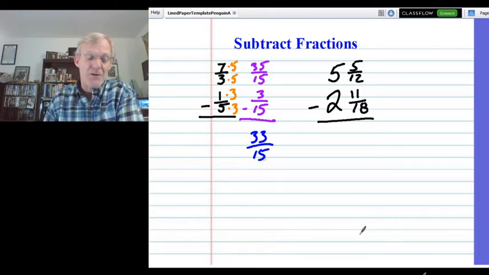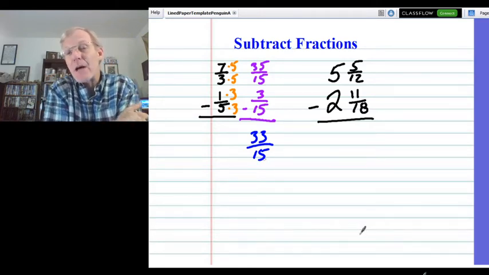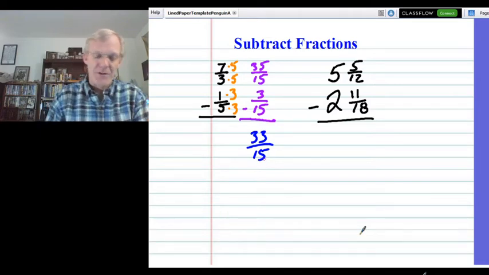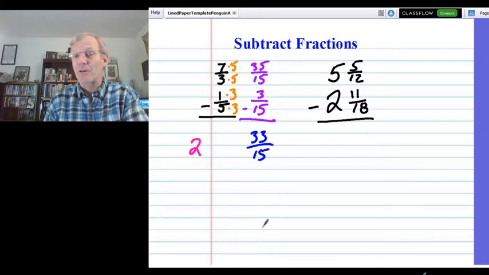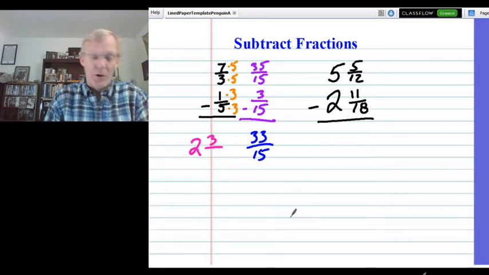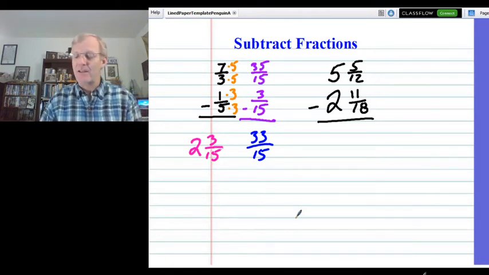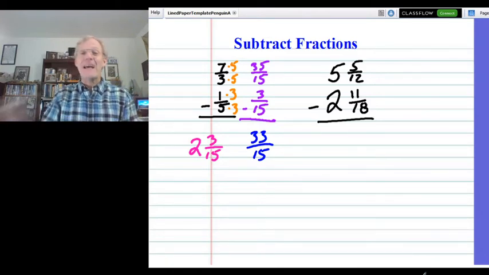So we could also say 15 goes into 33 how many times? Right, it would go in 2 times. 15 twice is 30. How much is left over? Right again, 3 over 15. Notice 3/15 can be reduced, can't it? What are we going to divide both of them by?